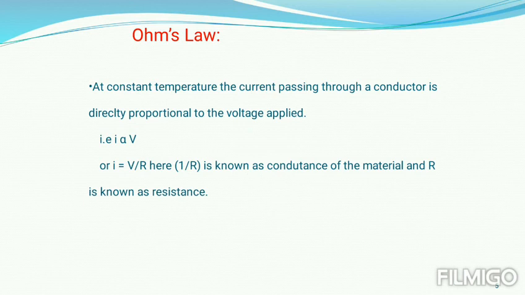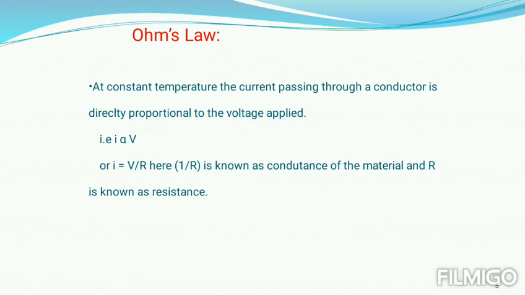And Ohm's law can be stated as: at constant temperature the current passing through a conductor is directly proportional to the voltage applied, that is I is proportional to V, and when made an equation, it becomes I = V/R, where 1/R is known as conductance of the material and R is known as resistance, which is a constant here. And in order to maintain the resistance as constant, we have to maintain the temperature also constant here because of the dependence of resistance on temperature.